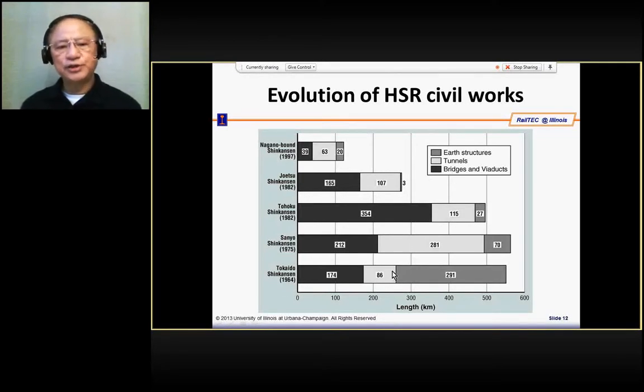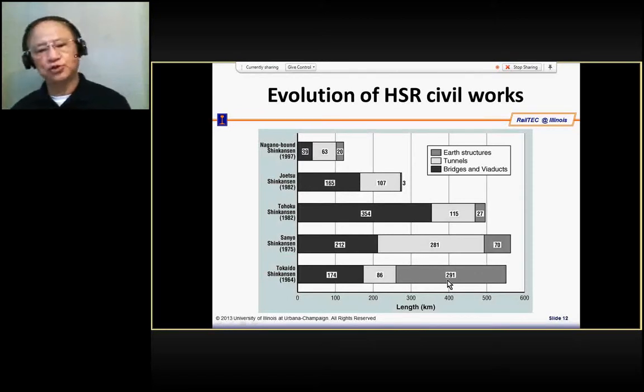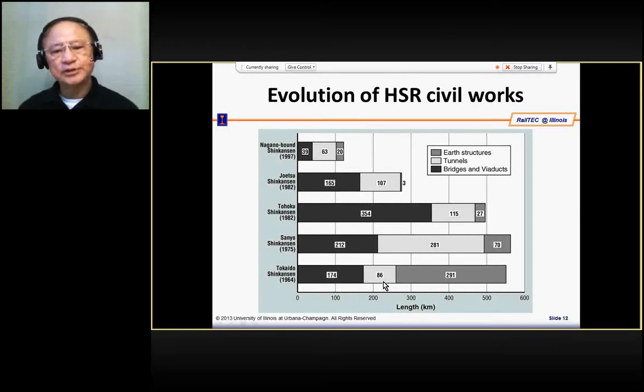So maybe 60% of the structure is earth structure, and the rest is tunnel. The tunnel usually depends on the mountain range you have to go through. So that is the first Shinkansen, 500 plus kilometers, and the distribution is 291, 174, and 86.